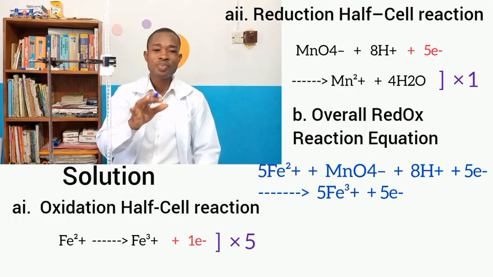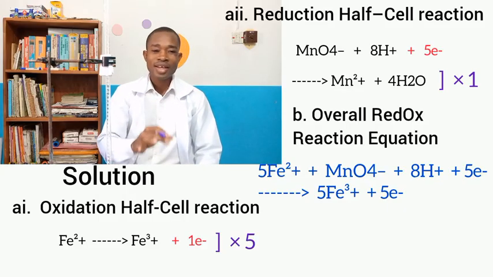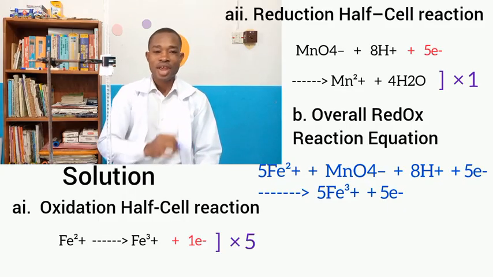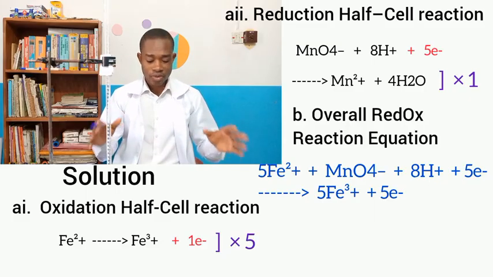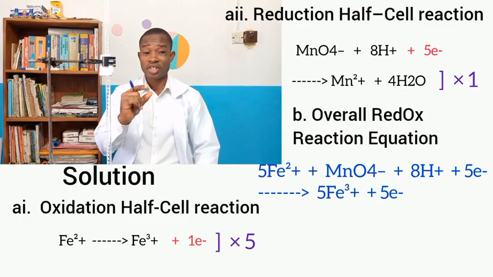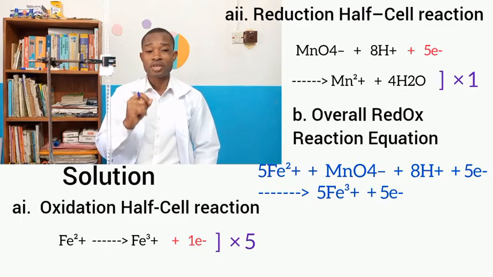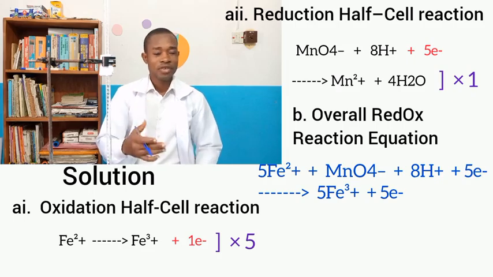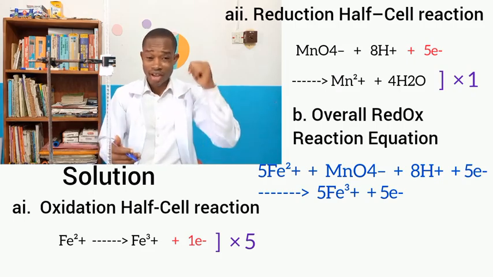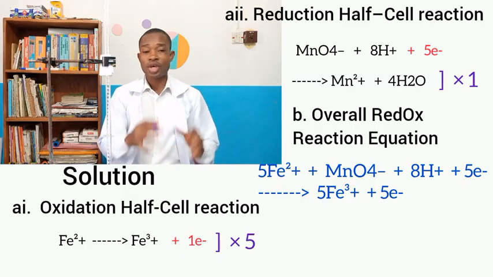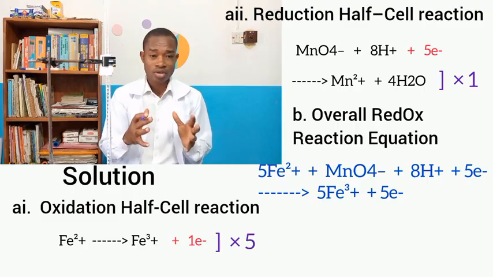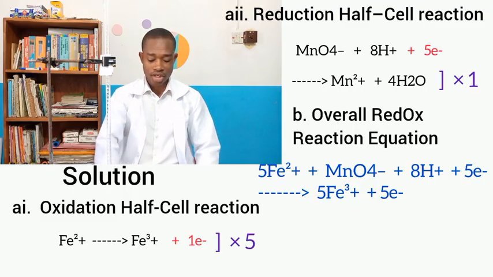I have picked the product side of our oxidation half cell reaction. So I'm going to combine it with the product side of our reduction half cell reaction. And if you go to our reduction process, the product we obtain there, remember each of the species there is said to be multiplied by 1. Of course, there's going to be no change since you are multiplying the original reduction process by 1. Okay, so we go there and then pick the products of that reduction half cell reaction.